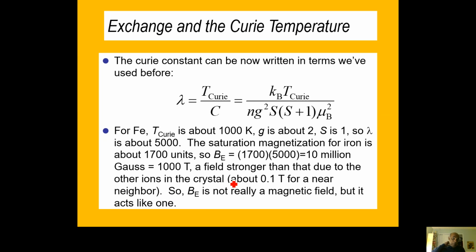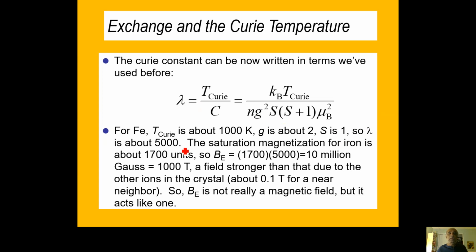So if you look at this equation, lambda is given by this T Curie over C, so that is this value. If you assume S to be 1, so typically if you have two spins, like in iron or something, you have two up spins, so that means you have half plus half, S is 1.